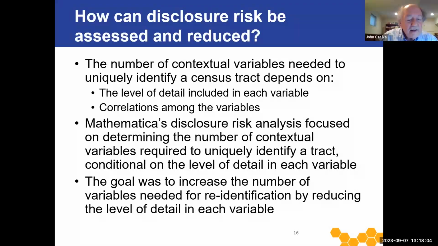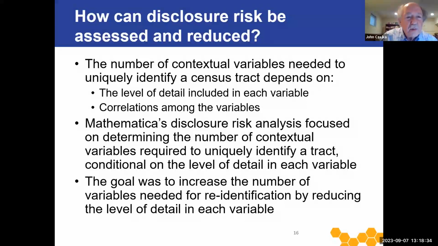In Mathematica's disclosure risk analysis, we focused on determining the number of contextual variables that were required to uniquely identify a tract, conditional on the level of detail in each variable. So by reducing the level of detail in each variable, that is, by reducing the number of categories and making the categories more uniform in size, we can increase the number of variables needed to uniquely identify a census tract.